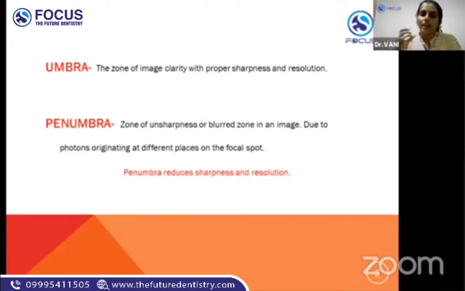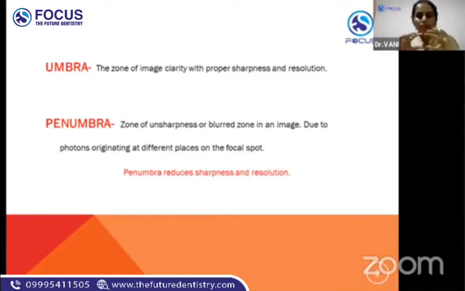Okay, so a radiographic image should have adequate sharpness and resolution for it to be ideal. For us, ideal means it should have good diagnostic quality. So depending upon the necessity, the image should have adequate sharpness and resolution.